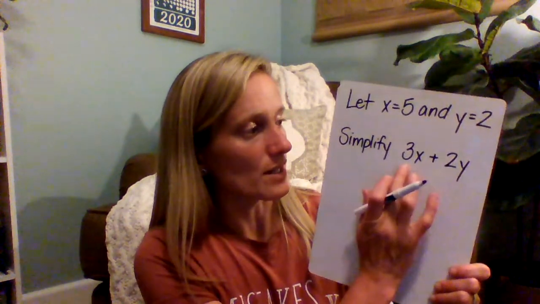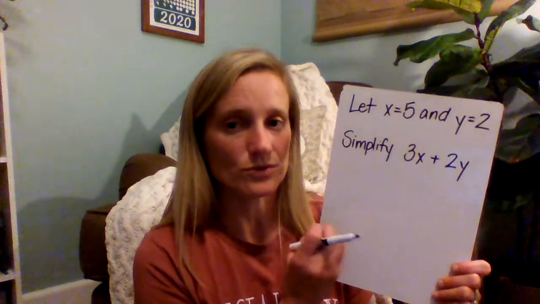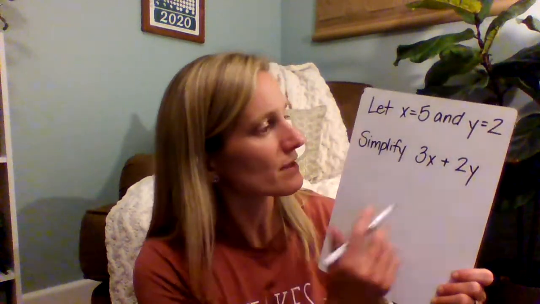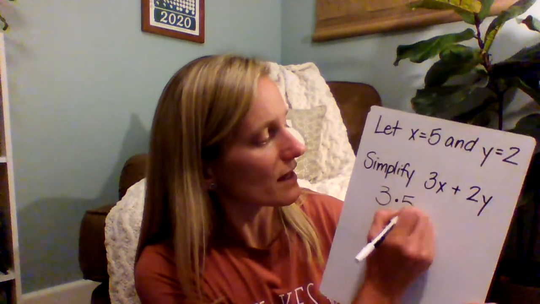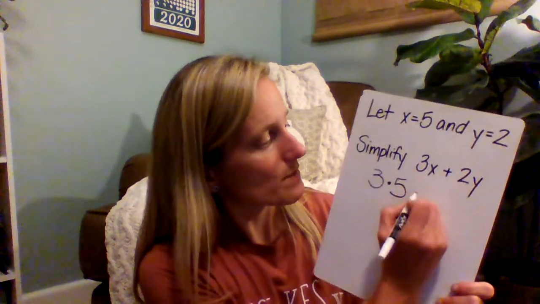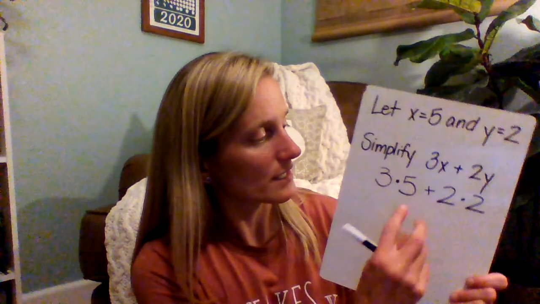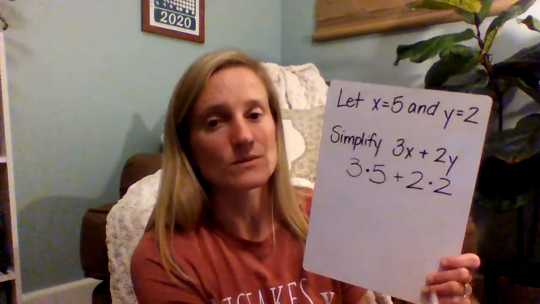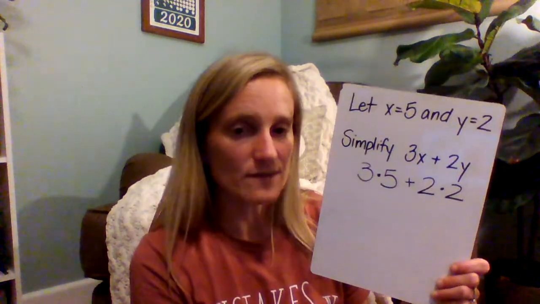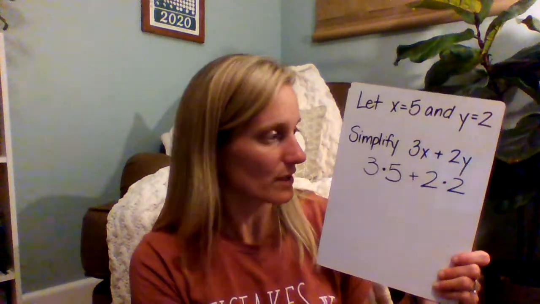When I've got a number and a variable written side by side like that, it's implied that those two are being multiplied together. So I have 3 times 5 plus 2 times 2. And again, this 5 and this 2 just came from these values up here that x and y are equal to. I replaced the variables with the numbers that I was told they were equivalent with.